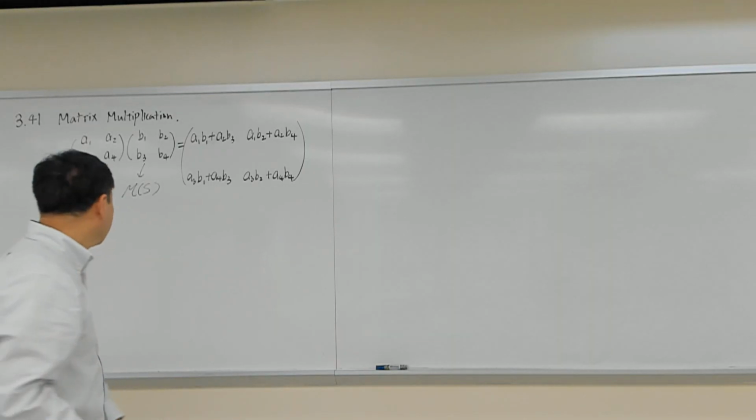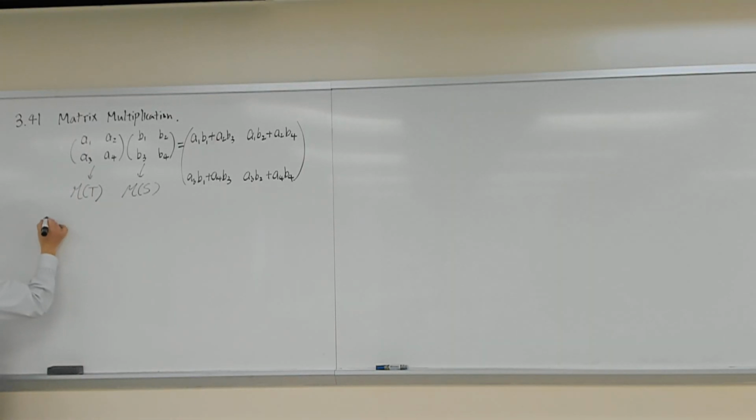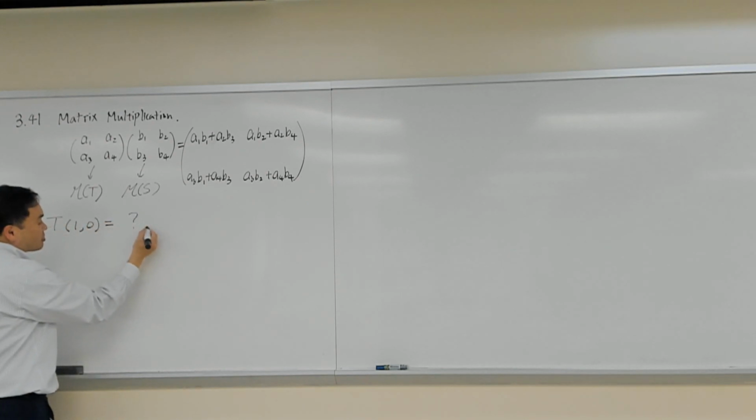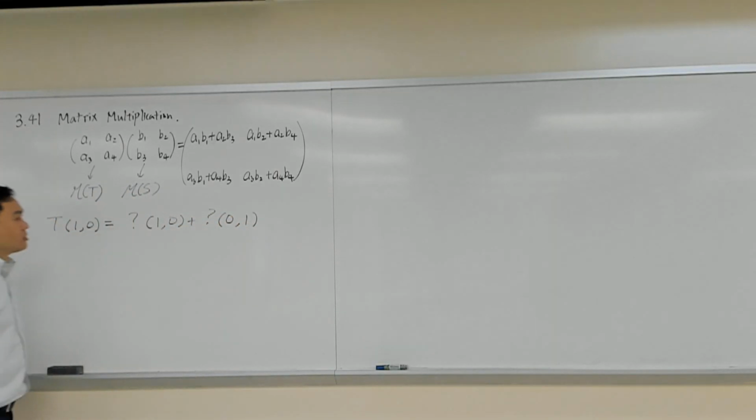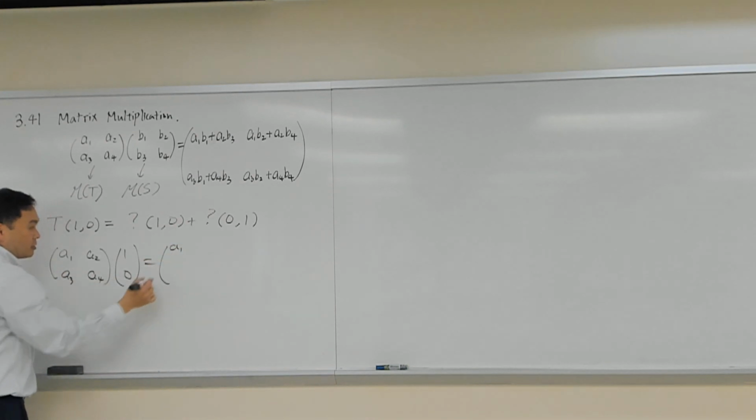All right, so T of (1,0) equals something times (1,0) plus something times (0,1). Tell me what that is. What is T of (1,0)? I said we were thinking of this as a matrix times a column vector, right? What do you get if you do this? A1 and then A3, right?